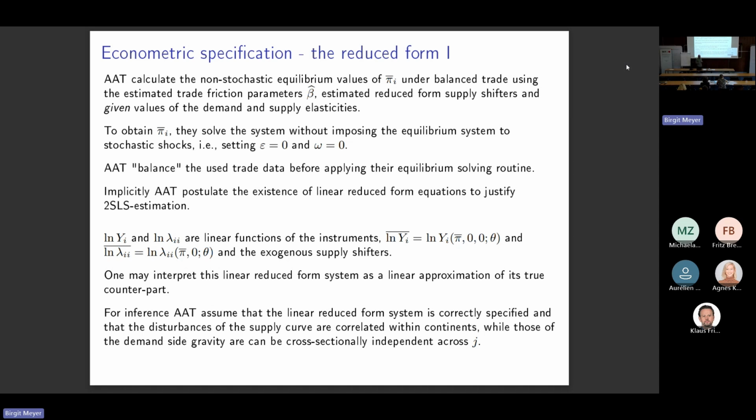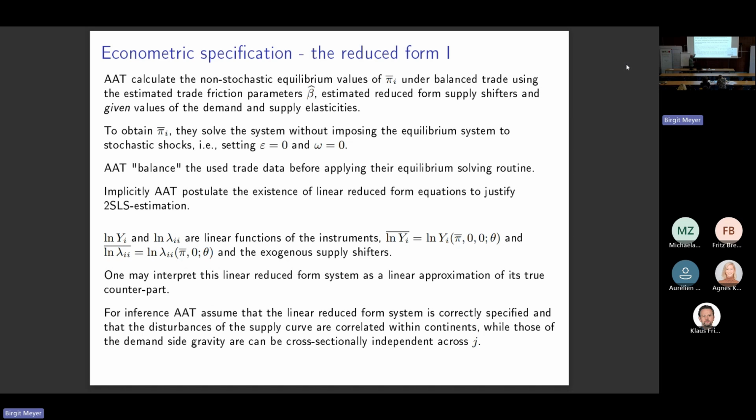This all works in MATLAB, and they have a procedure called balancing, before they solve for the balanced trade flows.